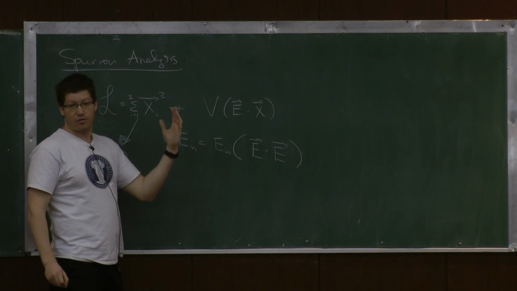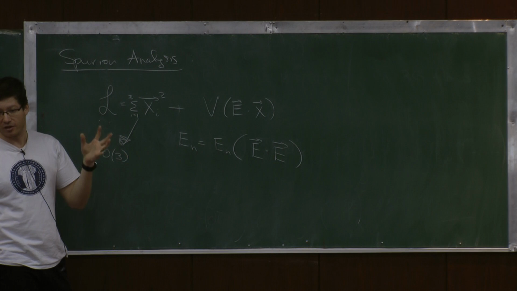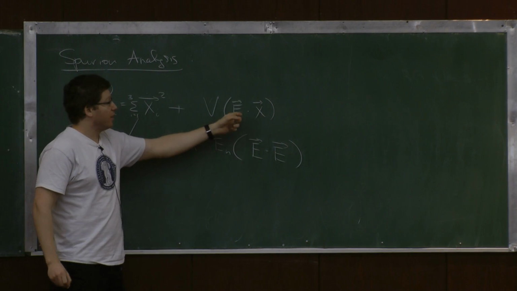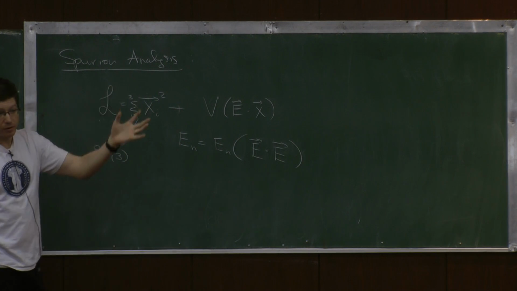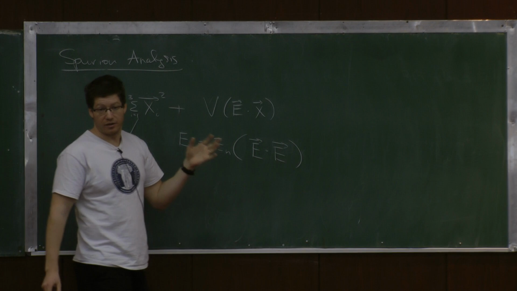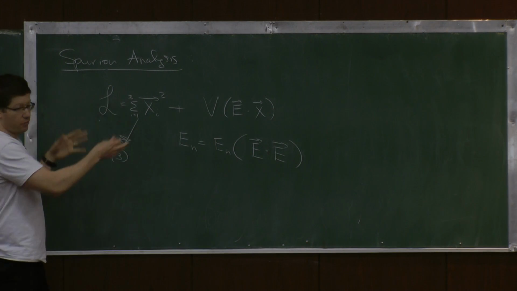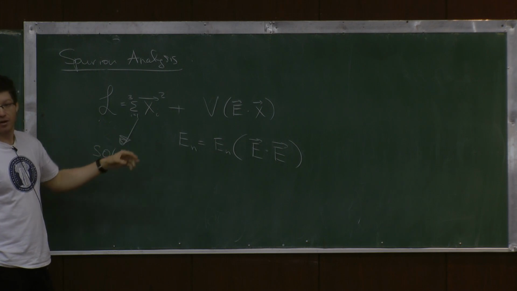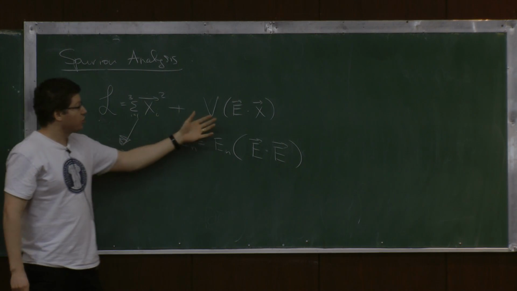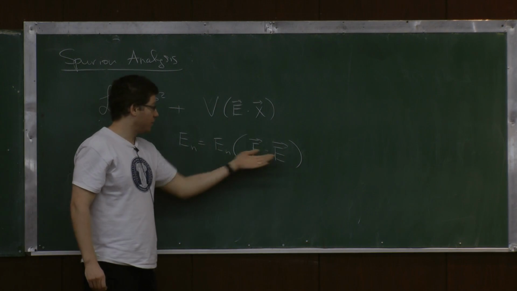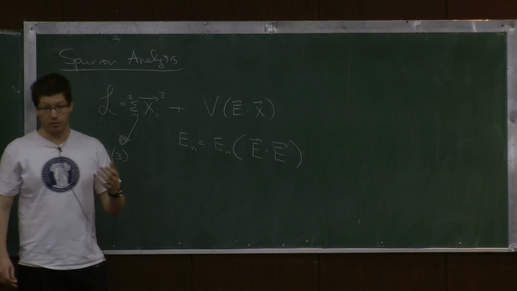You promote the electric field to something that transforms under SO3. Then X transforms under SO3, and also the electric field, which is a parameter in the theory, is now artificially made to transform under SO3. Then the whole thing is SO3 invariant, and once you do the path integral over X and you read out the energy spectra, it follows that the function of E must be SO3 invariant. That leads to an energy spectrum which has this functional form.